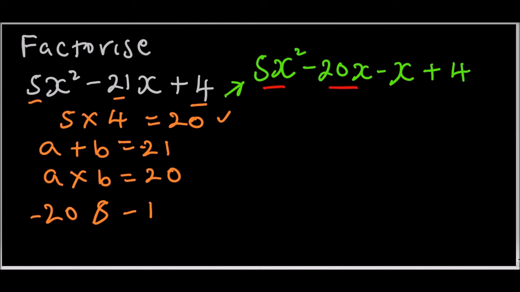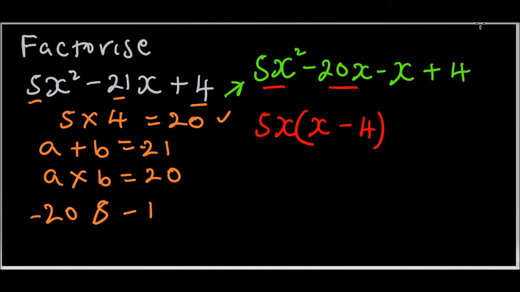What is common? 5 is common in 5x squared and 20, and also x is common. So inside the bracket, we will be left with not 5 but x. Then when you factor out 5 from minus 20, you will be left with 4, like that. Here we have minus x plus 4.